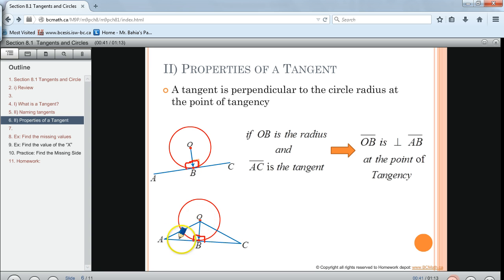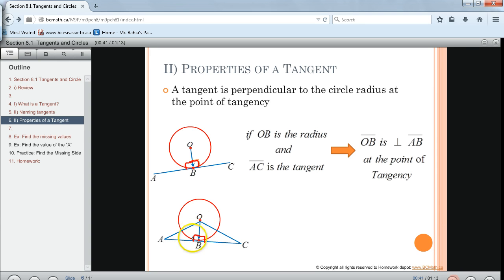Now, just like you can name line segments, you can name triangles as well. It doesn't really matter what order you call it, OBA or ABO or OAB, that would be one triangle. Another one would be OBC or COB, doesn't matter the order you do it in.